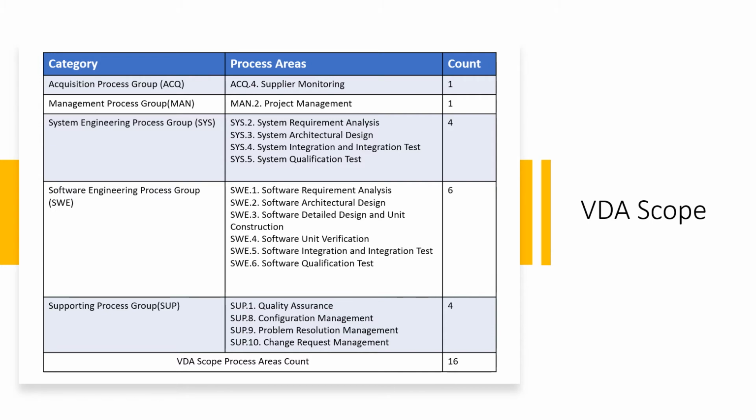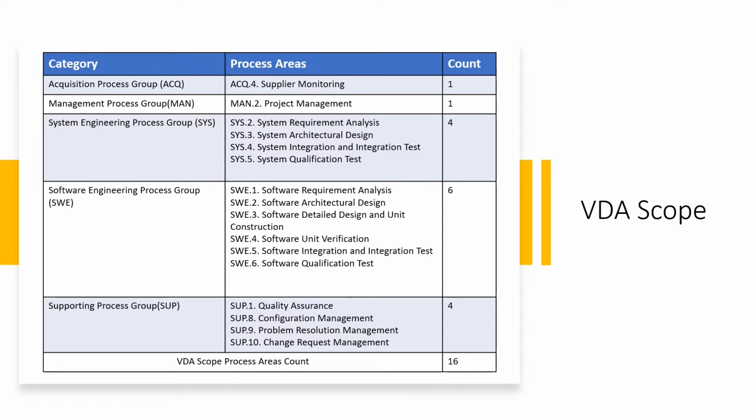And we have the system engineering process group. In that, SYS2, SYS3, SYS4, SYS5: system requirement analysis, system architectural design, system integration and integration test, and system qualification test. So altogether 4 from system.